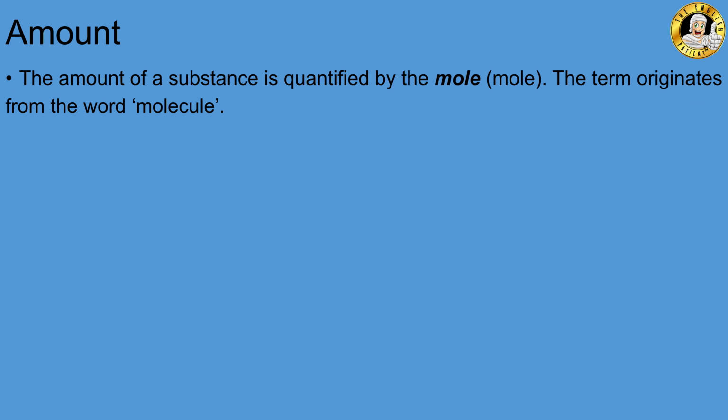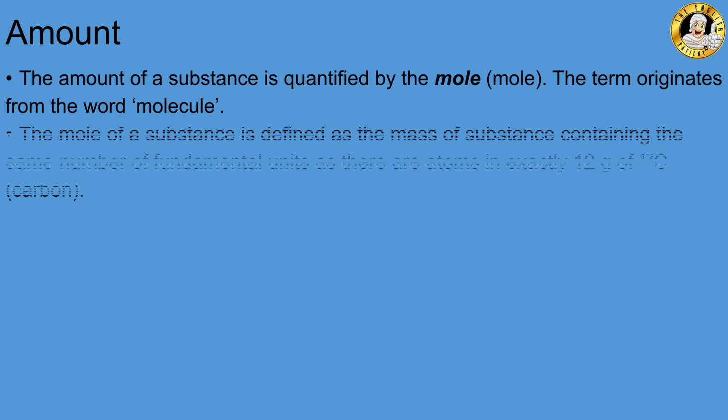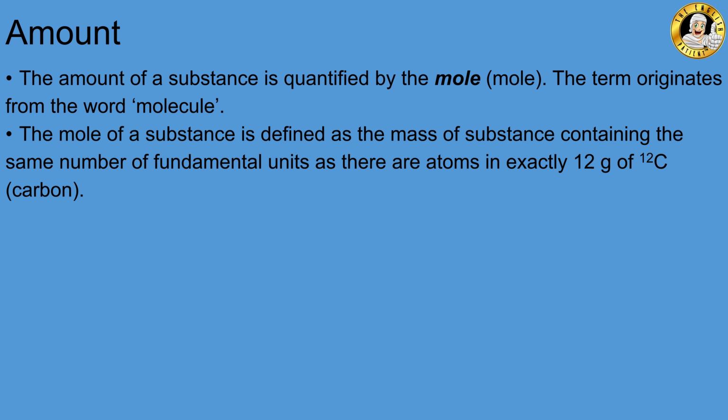The amount of a substance is quantified by moles. The term originates actually from the word molecule. The mole of a substance is defined as the mass of a substance containing the same number of fundamental units as there are atoms in exactly 12 grams of 12C.